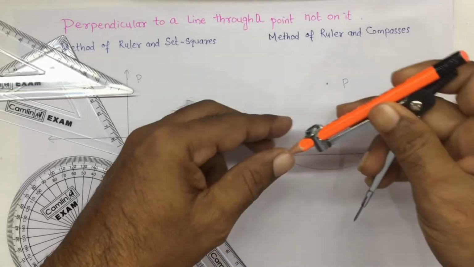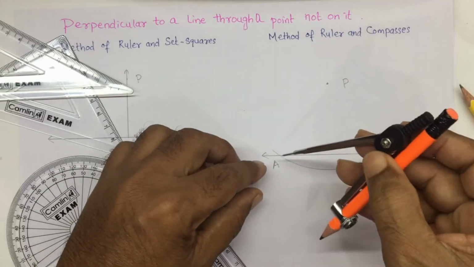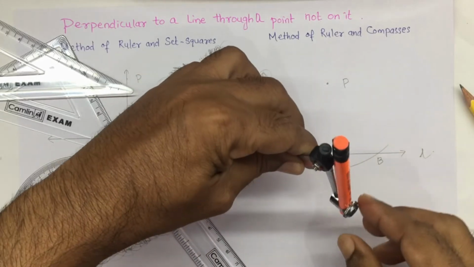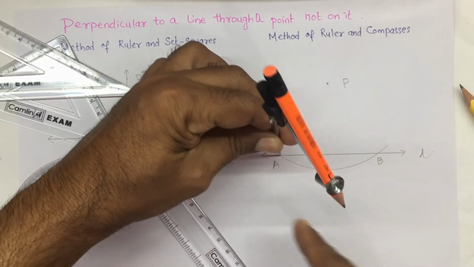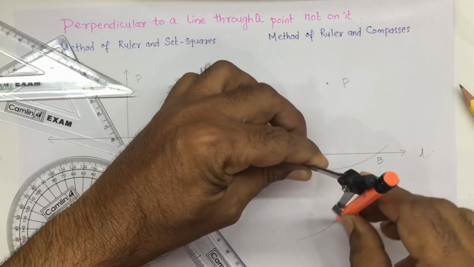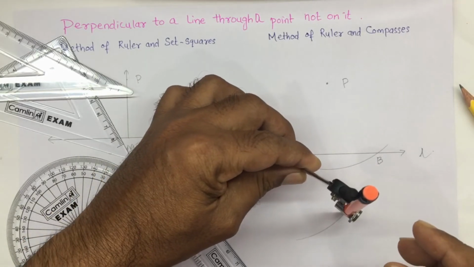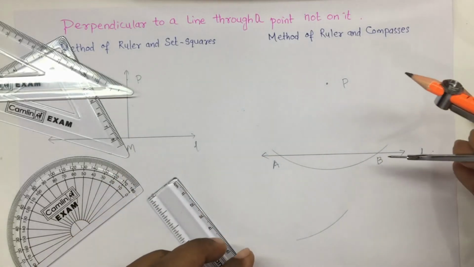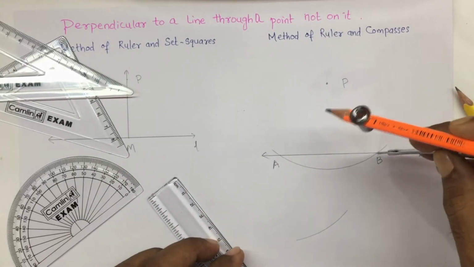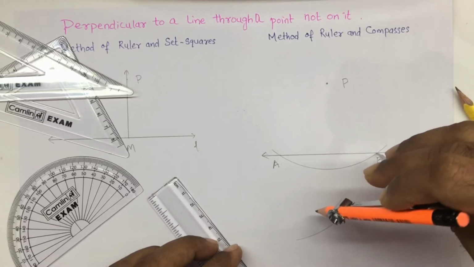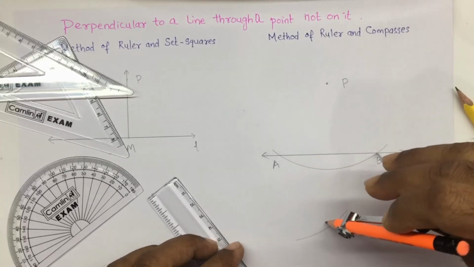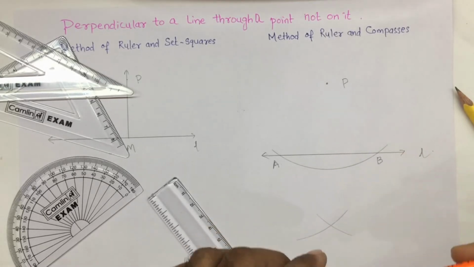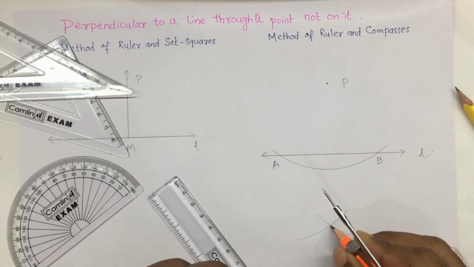Now, with more than that radius, using the same radius or changing the radius, from center A you draw an arc on the other side, and you draw another arc from point B which should intersect the previous arc drawn from A. Now, these two arcs have met at some point.